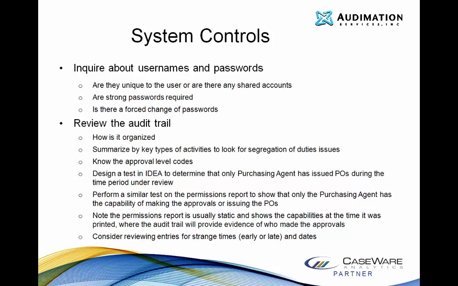But for the purpose of this test, we summarized and looked at who is doing various approval levels in purchasing. And that's going to follow along in a second. So we designed that test to make sure that only the purchasing agent is actually signing the POs or initiating them through the system.